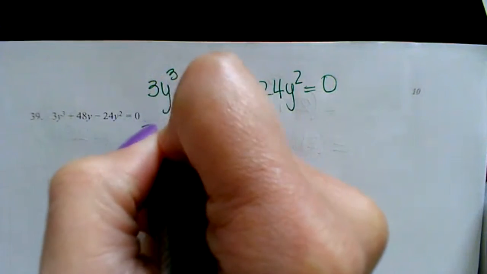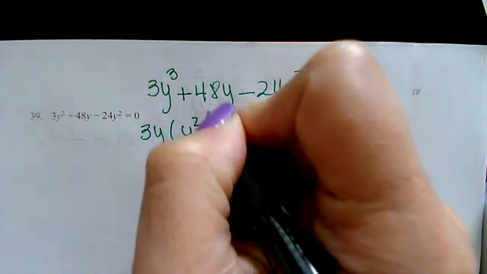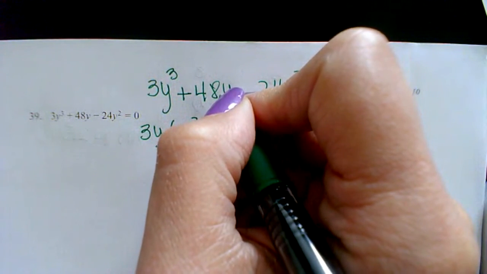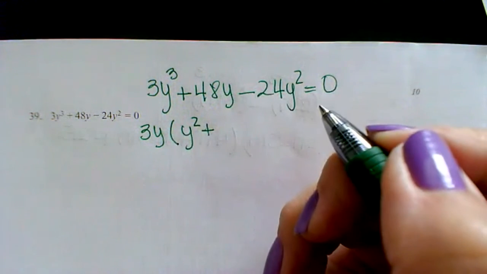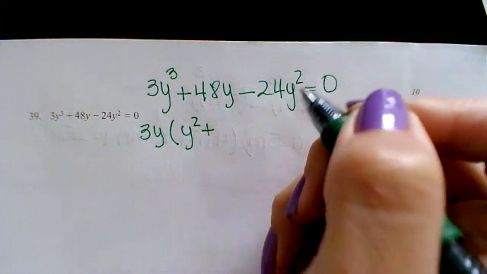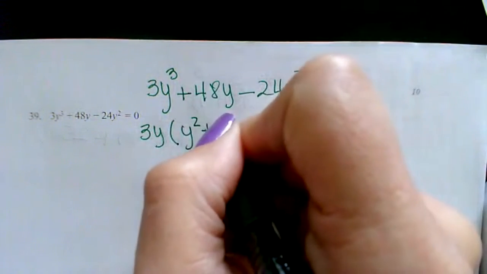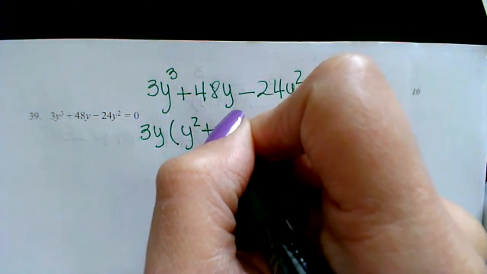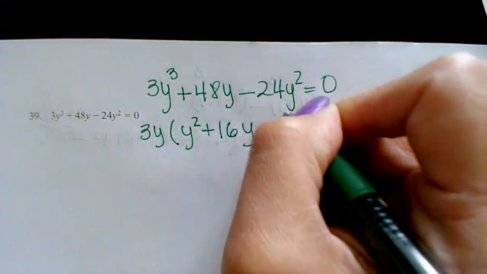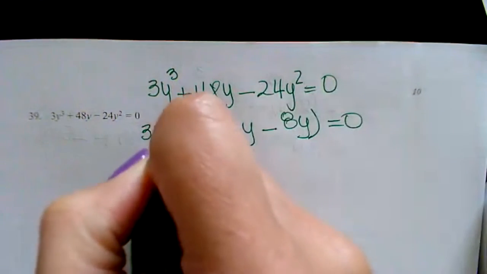So let's do that. 3y, this is y squared, 48. Oh, I see. This one should have been on this side, this place. That would be what? 16y minus 8y equal to 0. Let me rewrite it.